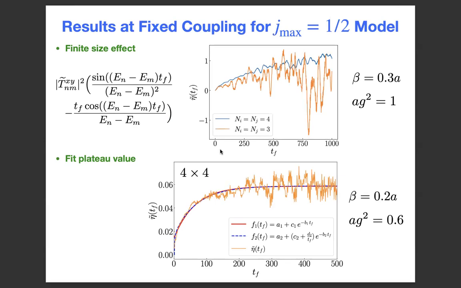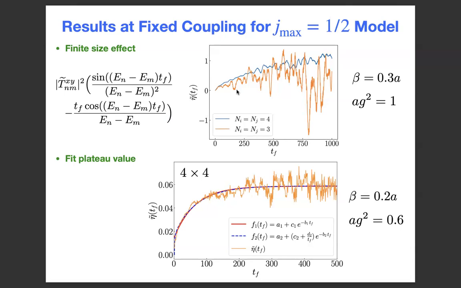The first plot just shows the finite size effect. First, it's a 3x3 honeycomb lattice labeled by this orange line, compared with a 4x4 honeycomb lattice labeled by this blue line. In the 3x3 case, we just see some wild oscillations, and there's no way that we can extract some meaningful asymptotic value.